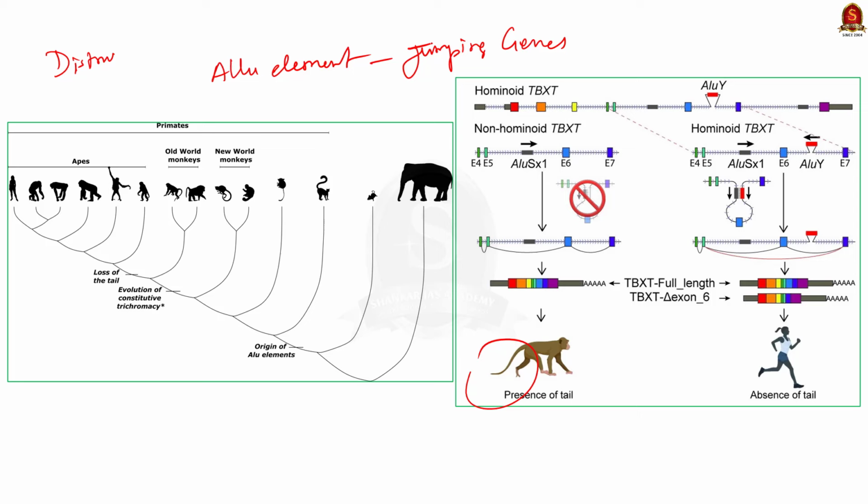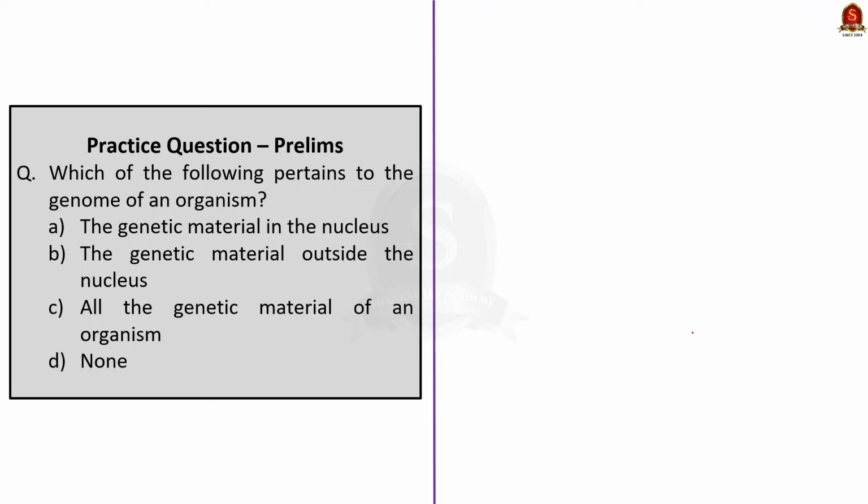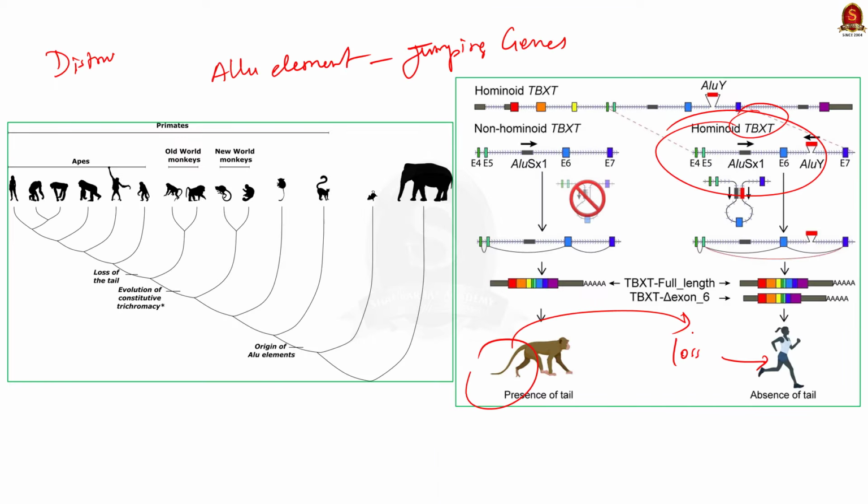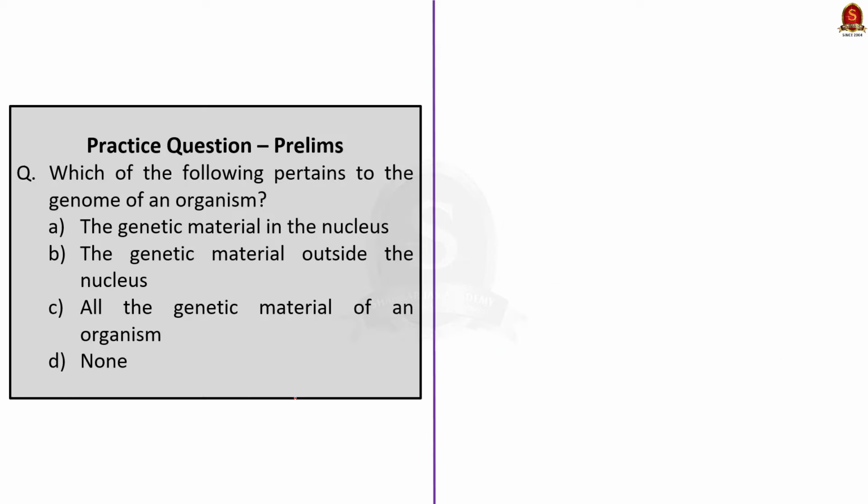When this Alu element occurs in a gene called TBXT, there occurs a defect that results in loss of tail. The study says that this is how modern apes and even humans do not have a tail. Now we can say that research into the functions of non-coding DNA is helping us uncover new insights into the complexity of genome regulation and evolution. So that's all about this article. With this, let us move on to the next news article.